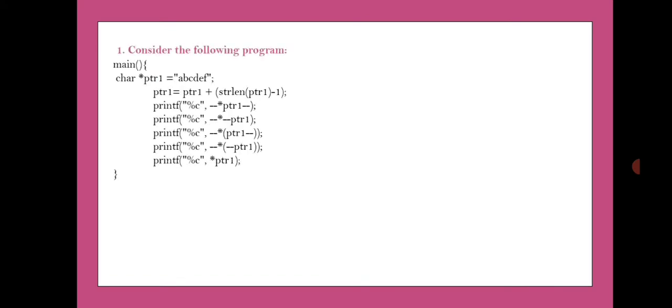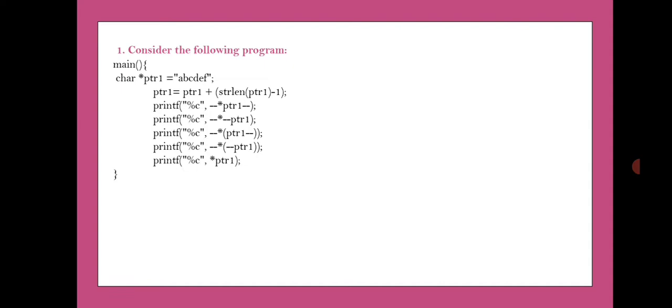Consider the following program. In the main, we have a character pointer ptr1 equal to the string "abcdef", and ptr equal to ptr1 plus string length of ptr1 minus 1. Printf the following with the pre-decrement of the pointer symbol and ptr1 and post-decrement.